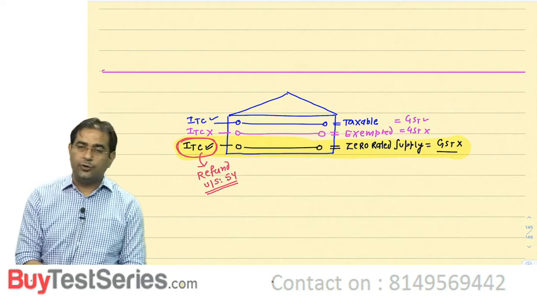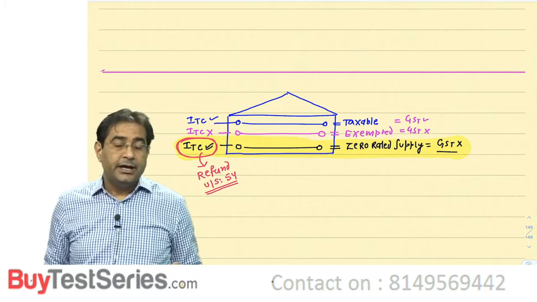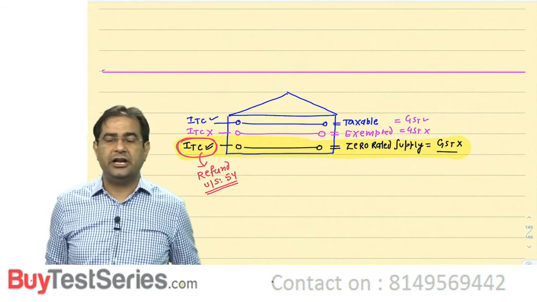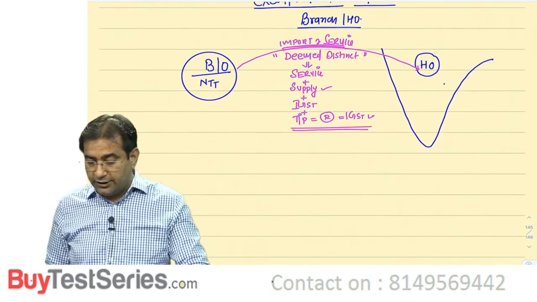We are entitled to claim refund of this unutilized ITC. But in case of exempted services, we are not entitled to claim ITC thereof. Is it okay? Now see what the government did.